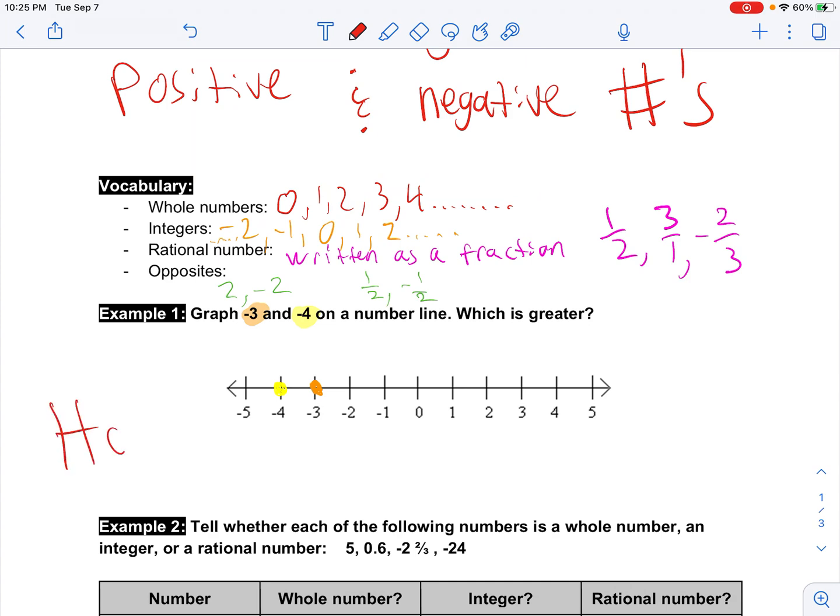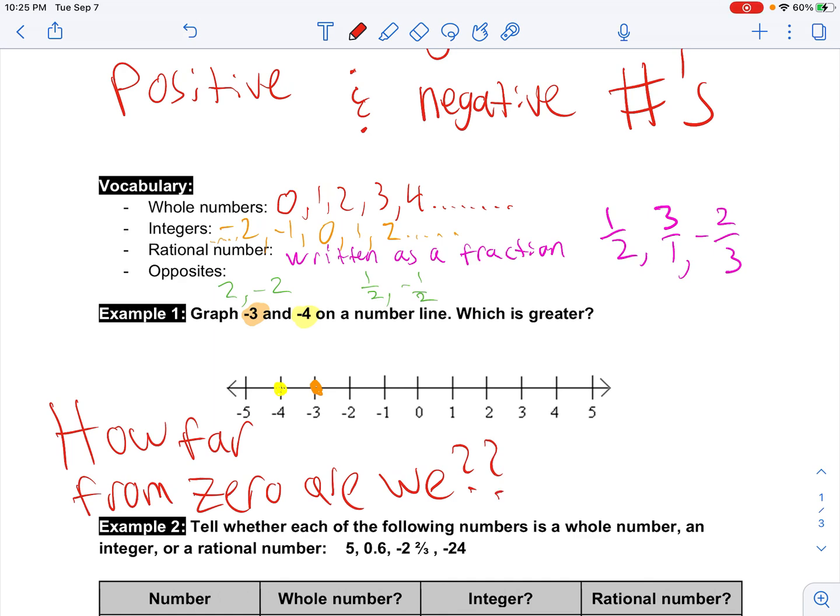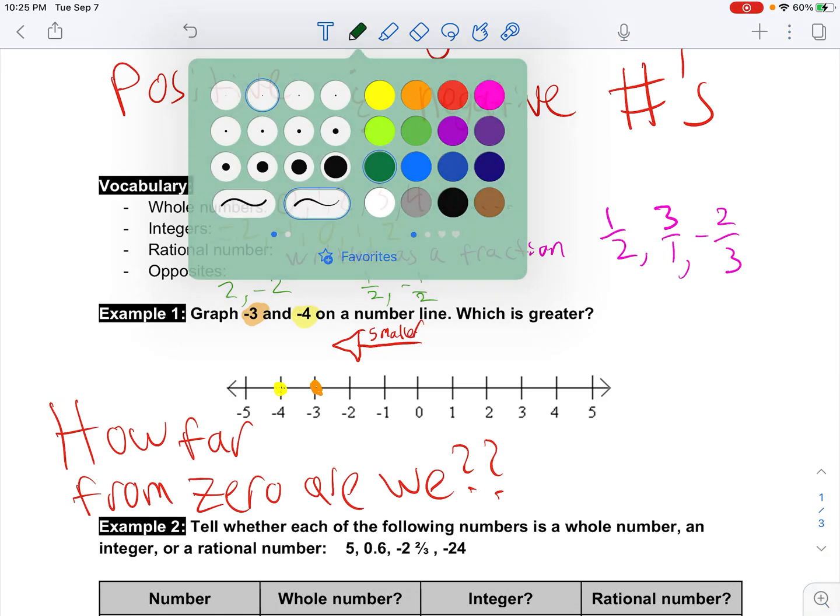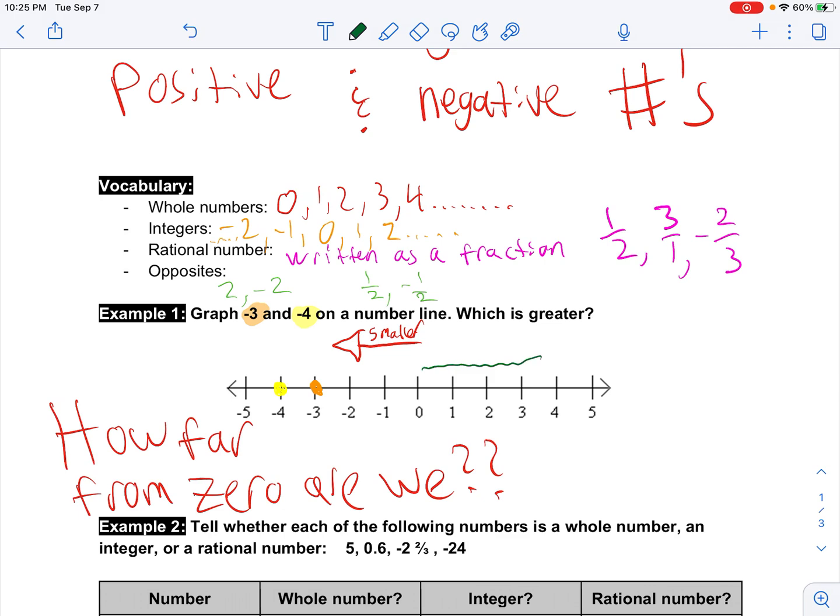The key thing we have to look at is how far from 0 we are. In the negative numbers, the further I go away from 0, the smaller my number gets. Whereas with positive numbers, the further I go from 0, the larger or greater my number gets. So in this case, which one is greater?